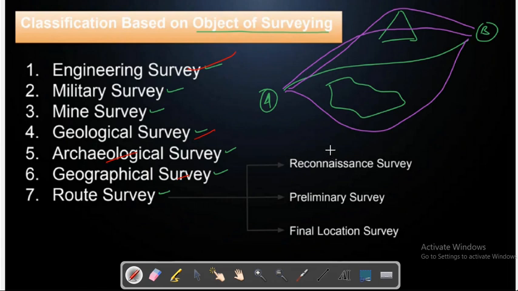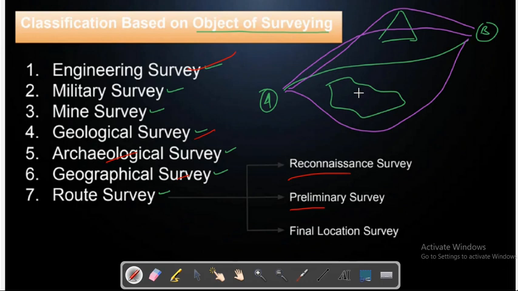That means just physical observations, which is called reconnaissance survey. Then we do a preliminary survey, and after that we go for a detailed survey. So mainly three stages are there. We will talk about these three steps broadly in the next class.